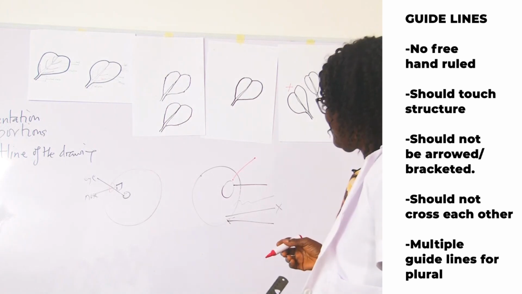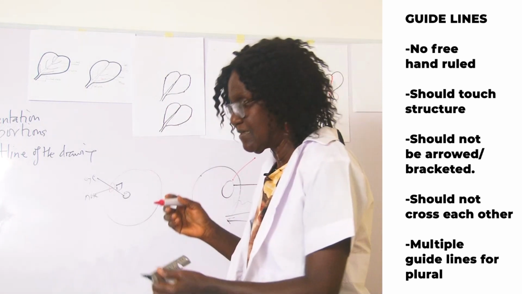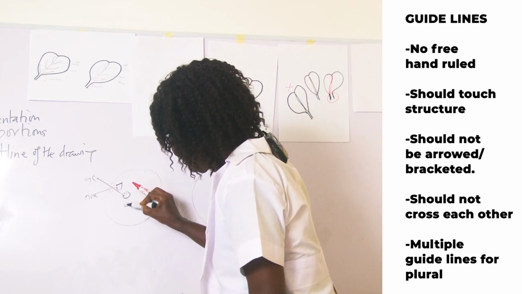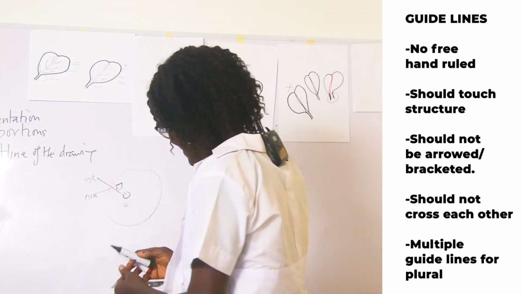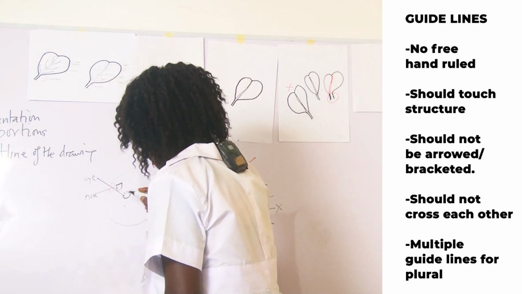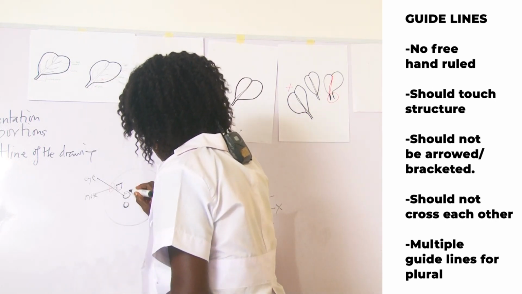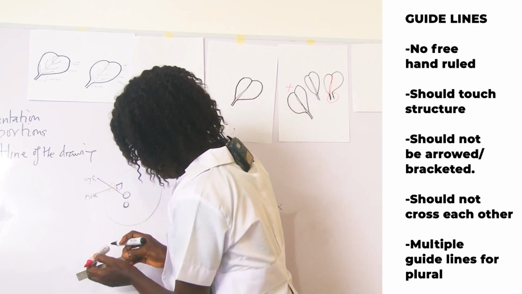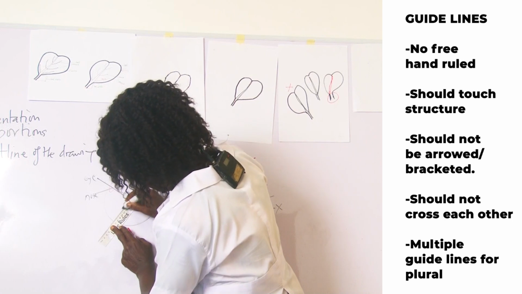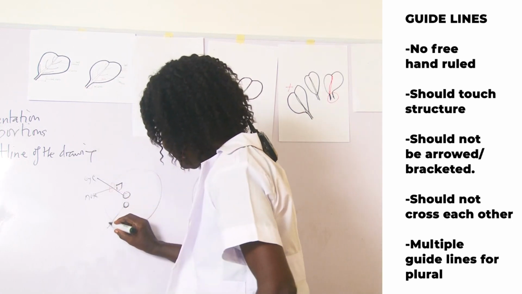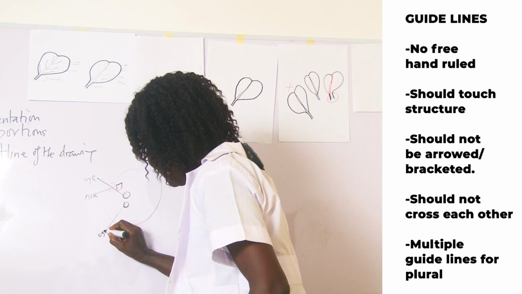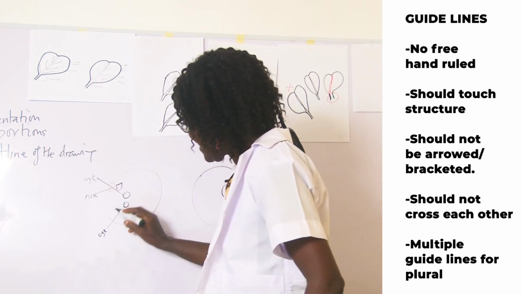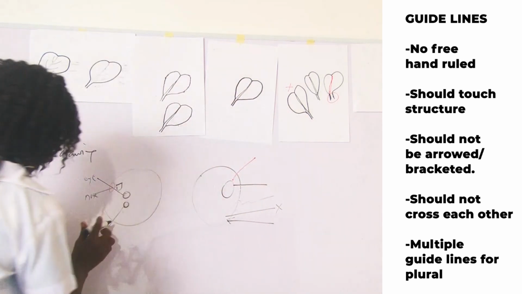And then if I'm labeling something which is a single structure, it must have a single guideline. So I'm labeling this structure as an eye. It should have a single guideline, and it should say eye. I should not label a single structure and say eyes.